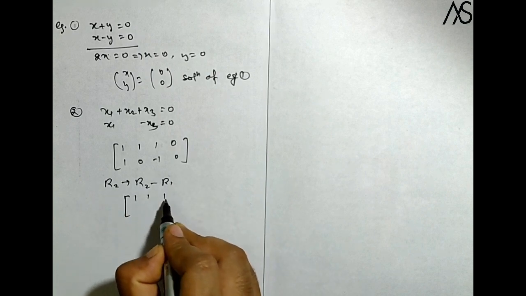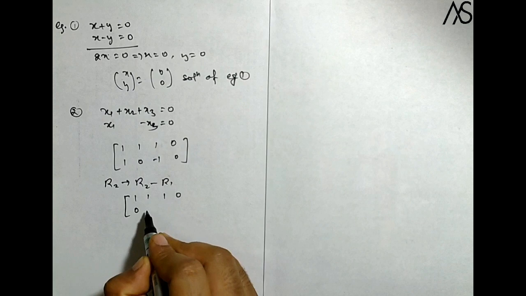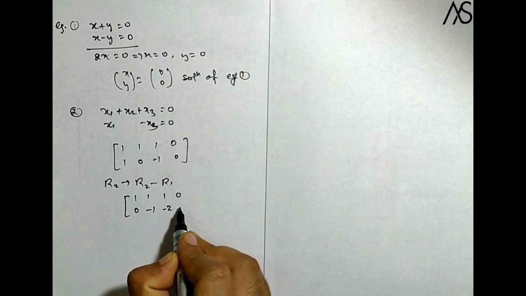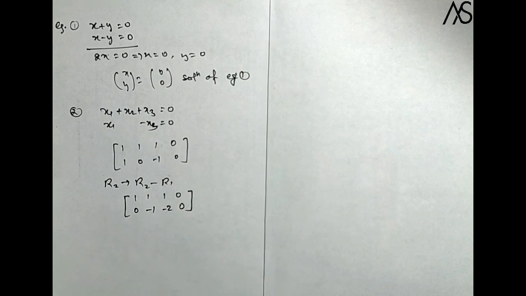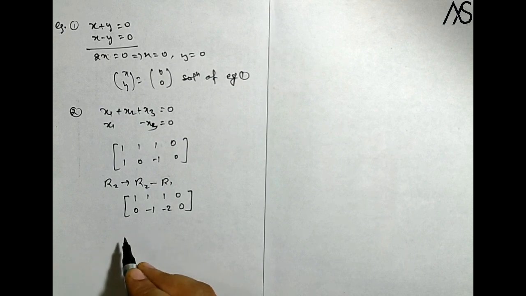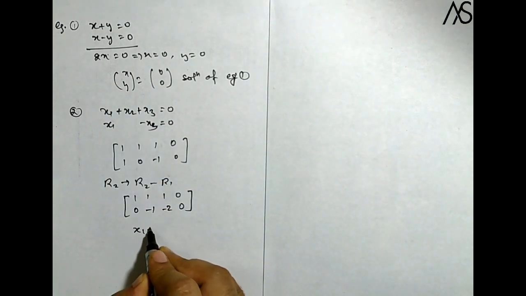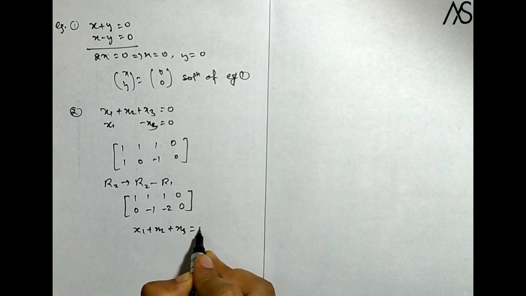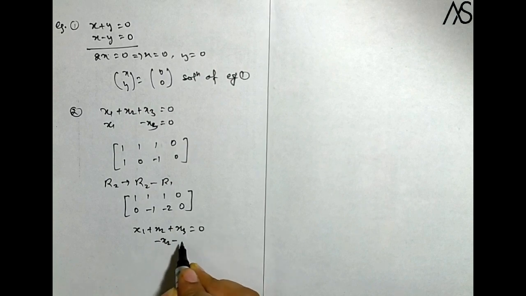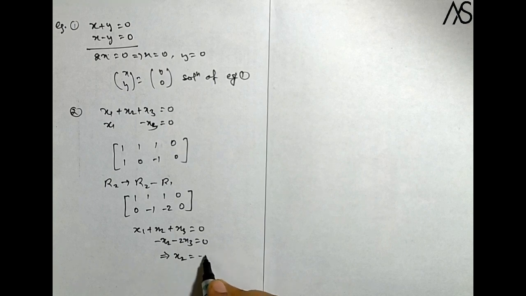So this is [1 1 1 | 0; 0 -1 -2 | 0]. This one is the echelon form. Now the new system will be x1 plus x2 plus x3 equals to 0 and minus x2 minus 2x3 equals to 0. So here x2 is equal to minus 2x3.